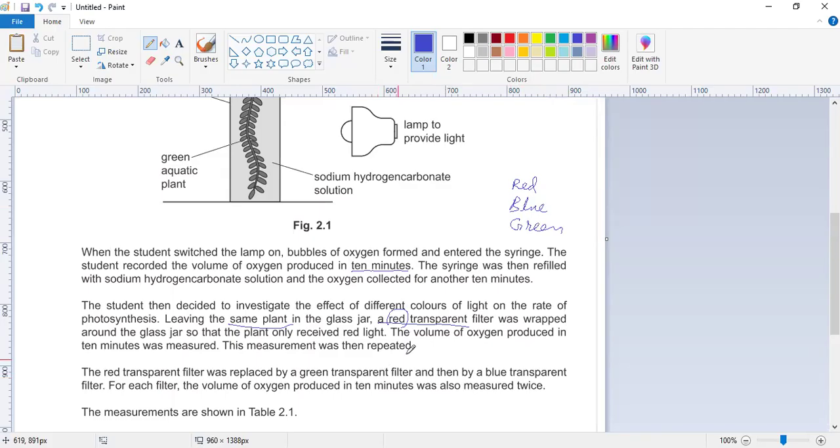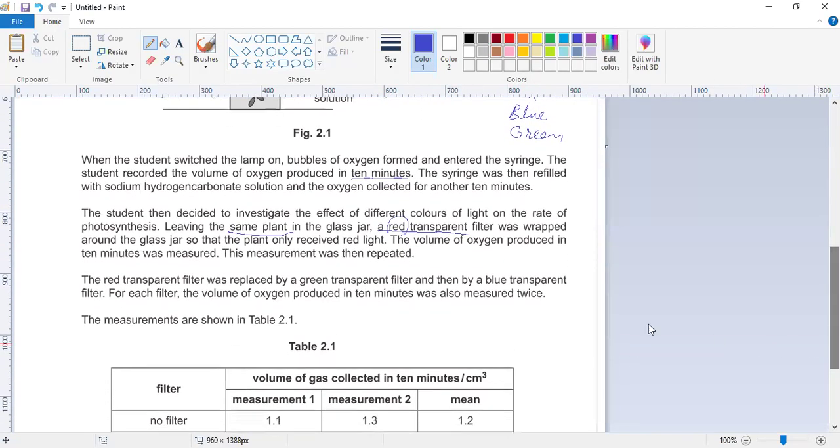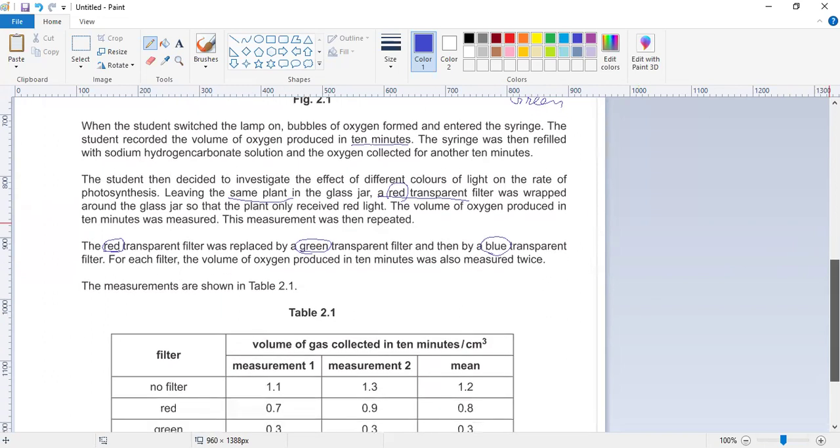When you are doing your paper at the examination center, we should underline the important points: red, green, and blue. For each filter, the volume of oxygen gas produced in 10 minutes was also measured twice.